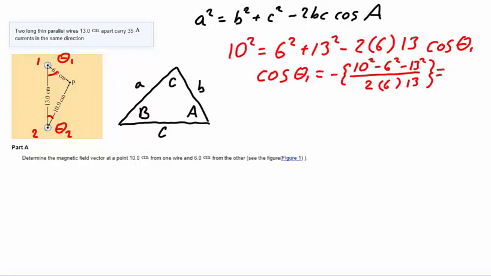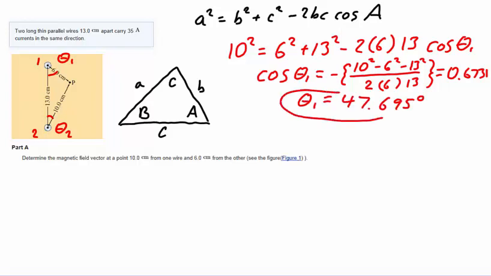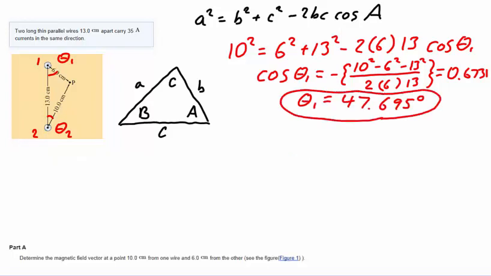And the result of this is that the cosine of theta 1 is 0.6731, meaning that theta 1 itself is 47.695 degrees.